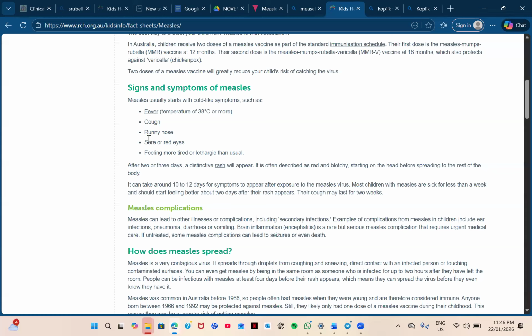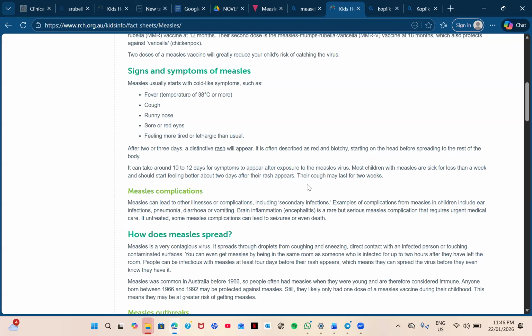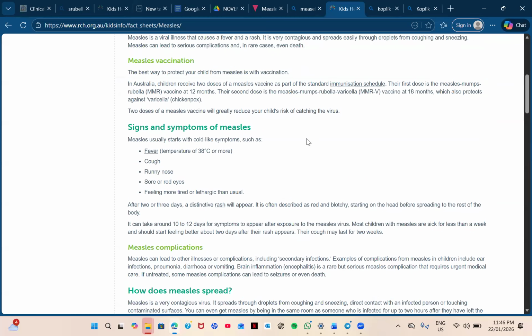Don't confuse these features. These features first appear, and it can be 2 to 3 days of symptoms, then after 2 or 3 days distinctive rashes appear. Please remember these points, not at the same time. Then what else?